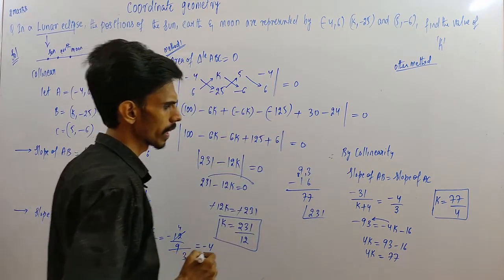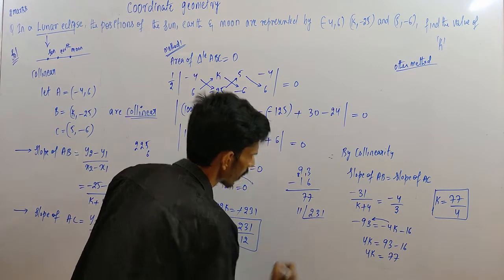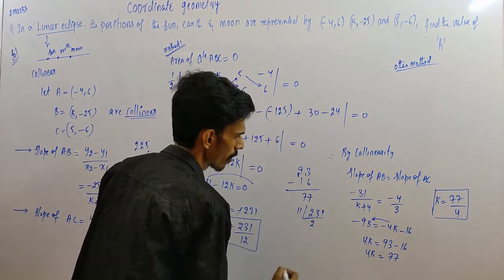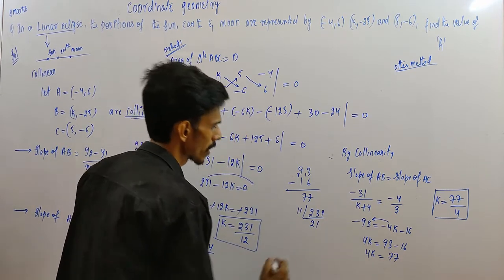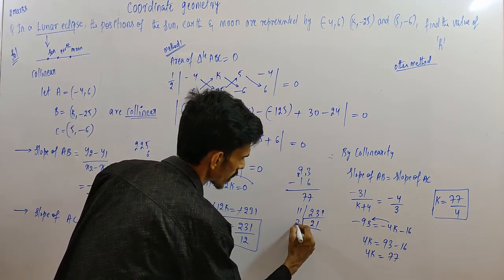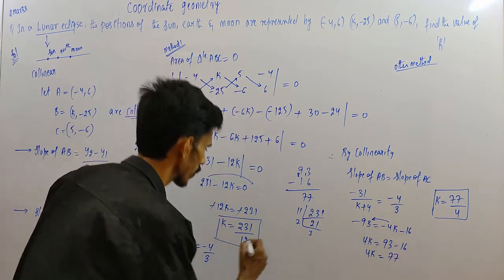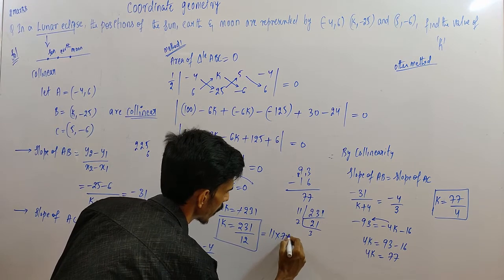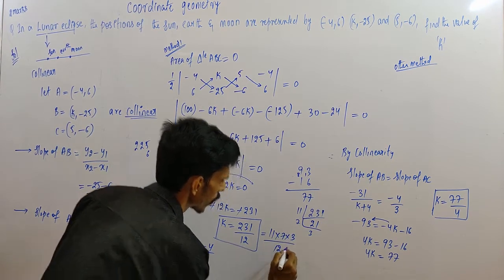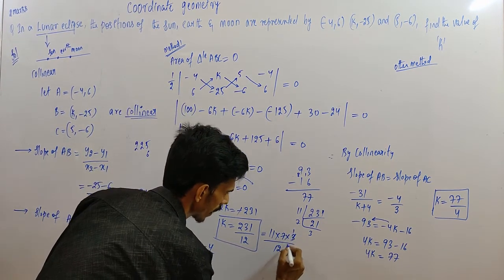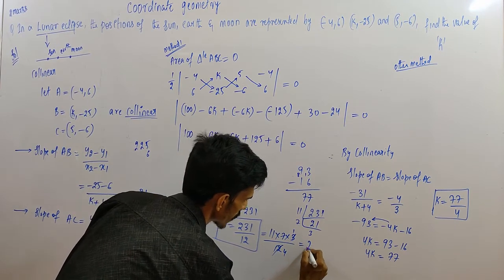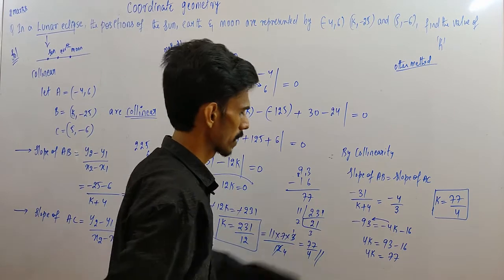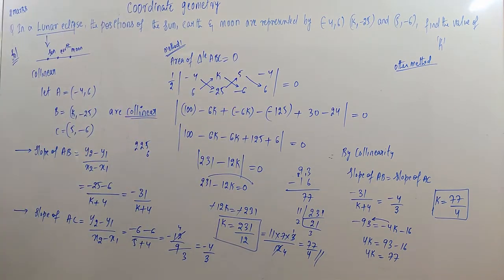LCM of 231, here we have 11. 11 into 2 is 22, here we will have 1, so 11 ones are 11. Now we can take 7 into 3. So this 231 can be written as 11 into 7 into 3 divided by 12. Cancel this, 3 ones are 3, 3 4s are 12. So we have 77 divided by 4. So we will get the same value of k.